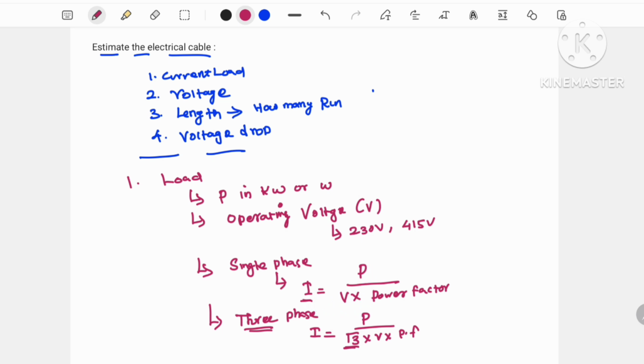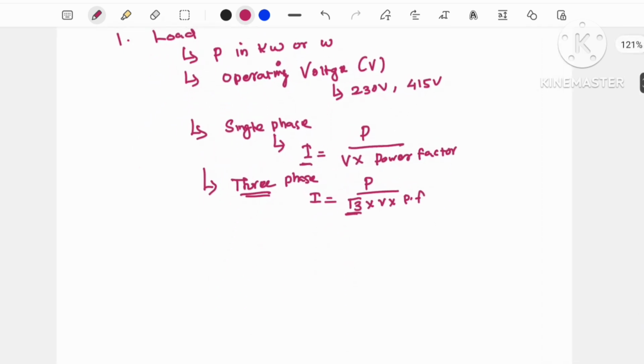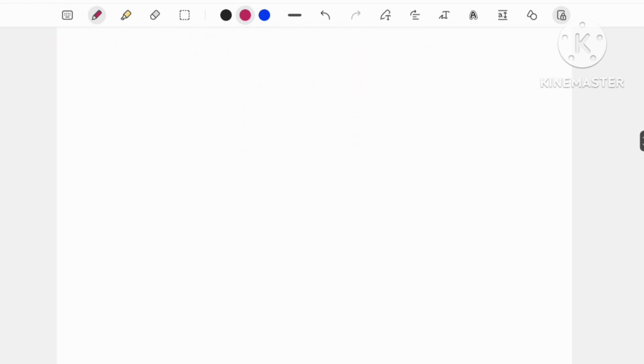Number 2, we are going to consider cable length and voltage drop.